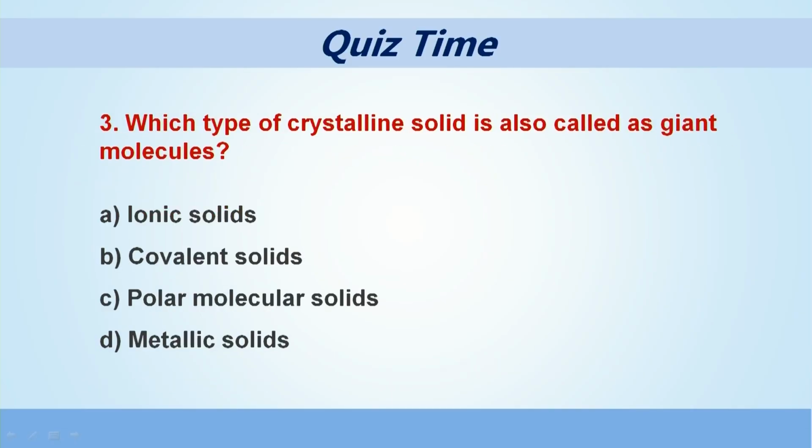Question number 3. Which type of crystalline solid is also called as giant molecules? Option A, ionic solids, option B, covalent solids, option C, polar molecular solids, and option D, metallic solids.